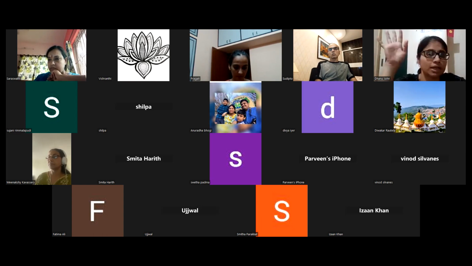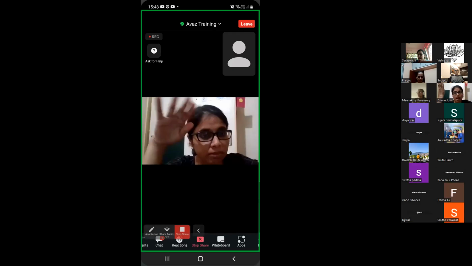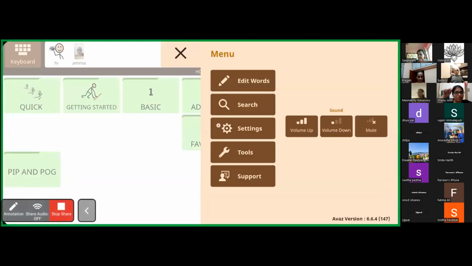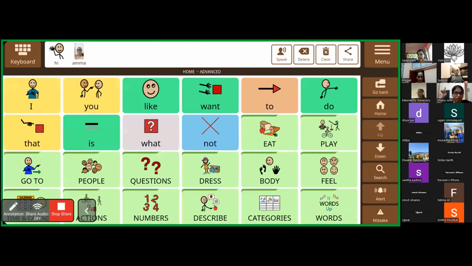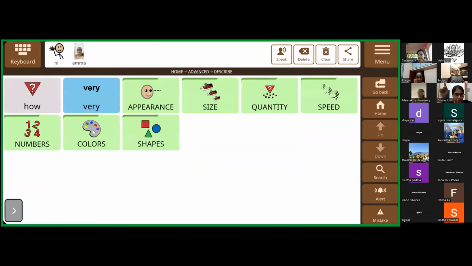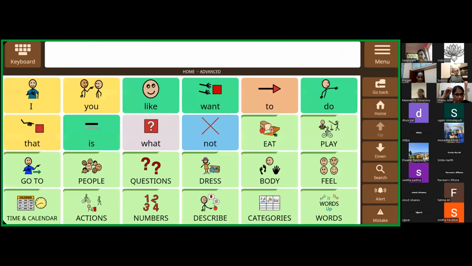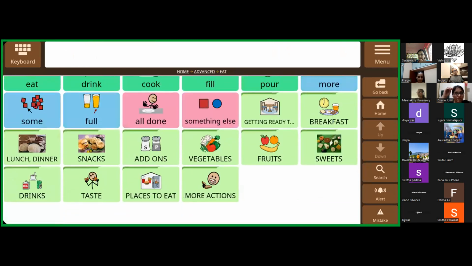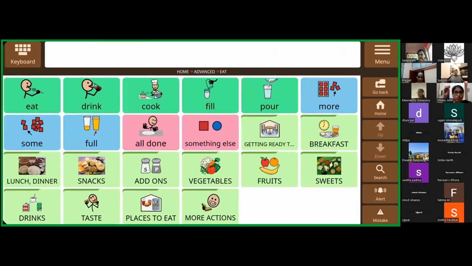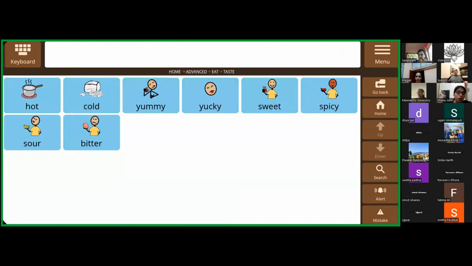You don't have to expect the child to go to the advanced folder. You can model by showing the child that, okay, see, this word is not there in the basic folder, let's try it in the advanced folder. In advanced, there is a whole lot of options that are probably not there in the basic. But if you think that your child needs to learn a lot more in the basic folder, then remember that you are not always only modeling from the advanced folder. Then your child will not understand why he has to pick the basic folder.